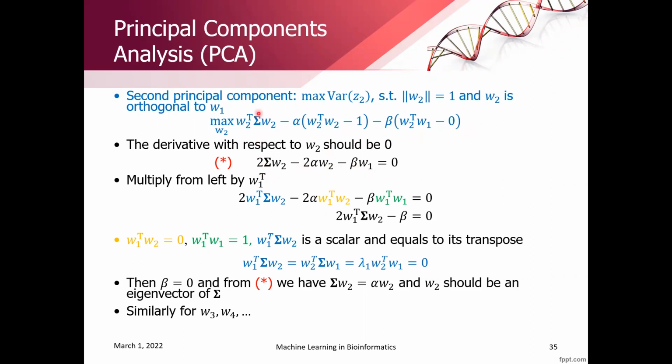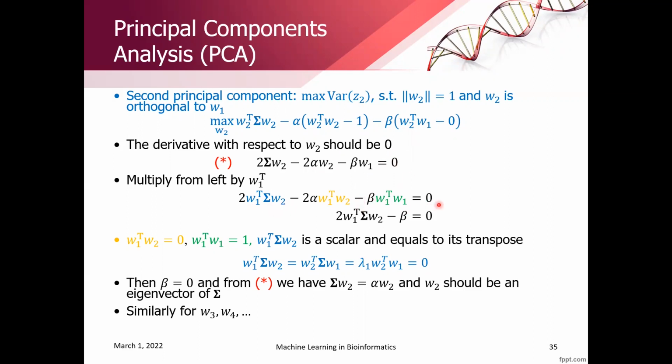From this term, we obtain 2 times the covariance matrix times W sub 2. From this, we obtain minus 2 times alpha times W sub 2. And from the last term, we obtain beta times W sub 1, because we compute the derivative with respect to W sub 2. This should be 0.